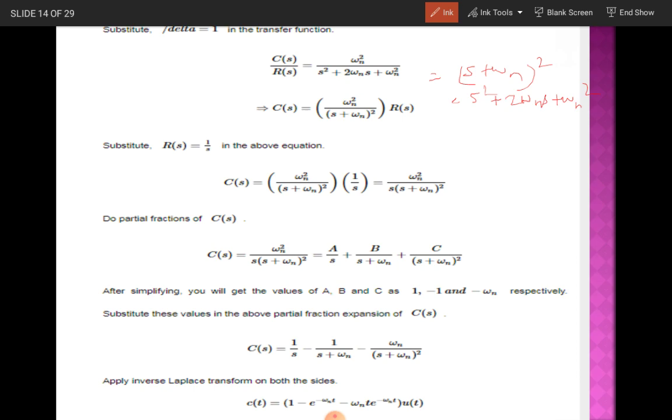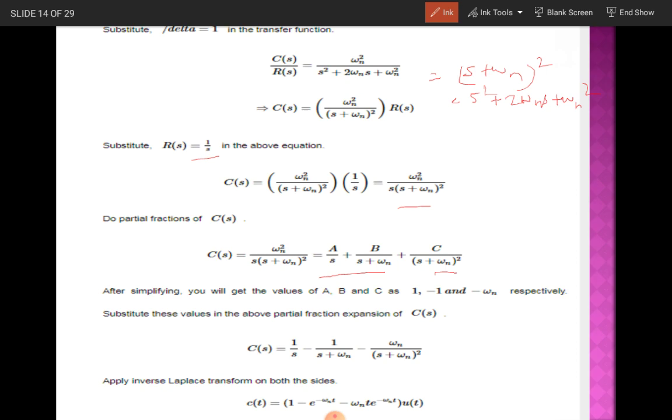Replacing R(s) with 1/s, you will get C(s) is equal to omega n square divided by s into (s plus omega n) whole square. Then by the partial fraction method, you can rewrite the expression as a divided by s plus b divided by s plus omega n plus c divided by (s plus omega n) whole square.